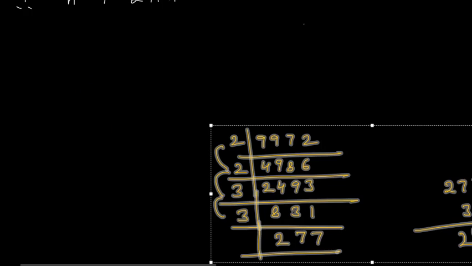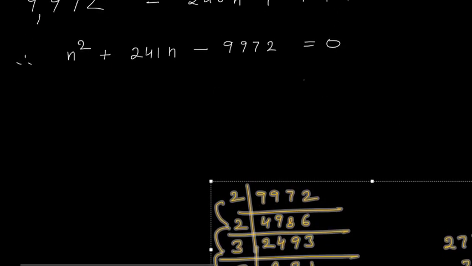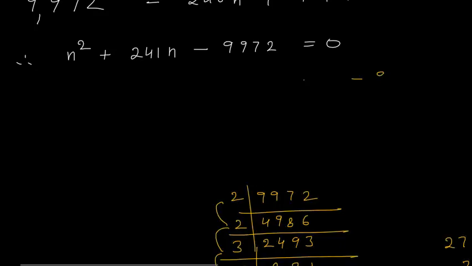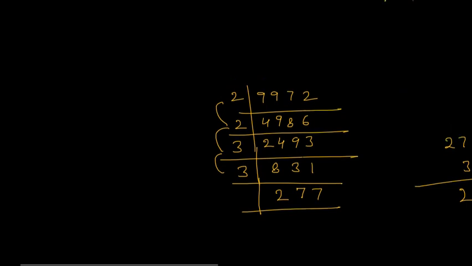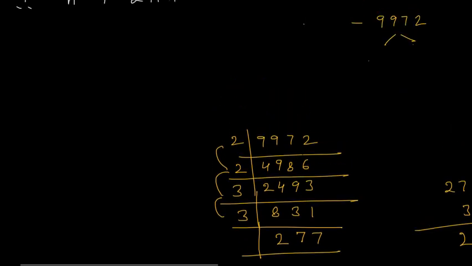This 9972, we can divide into two factors: one is 277 and the other is 36. Now this is positive and this is negative, so that their product is negative and their sum is positive, which is what we want here, 241.